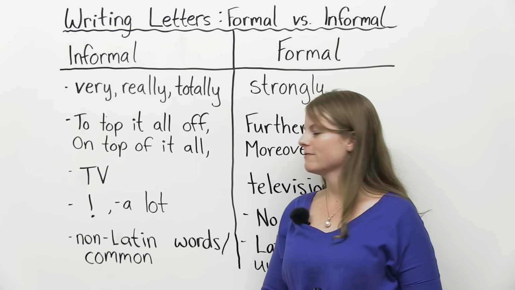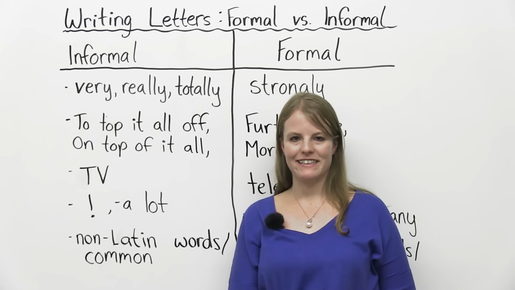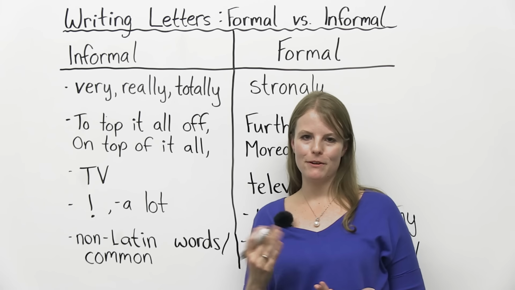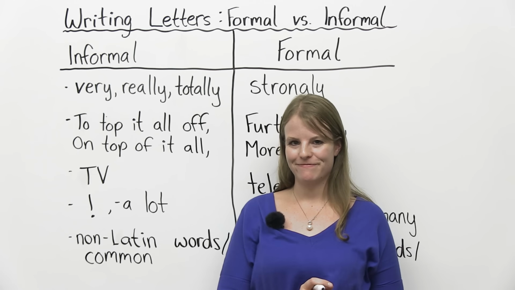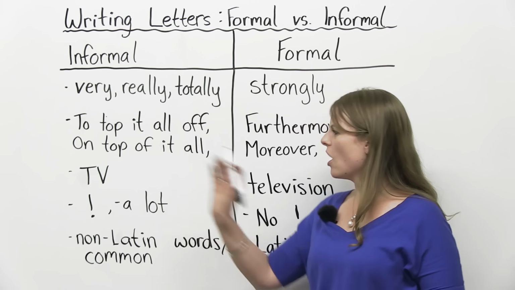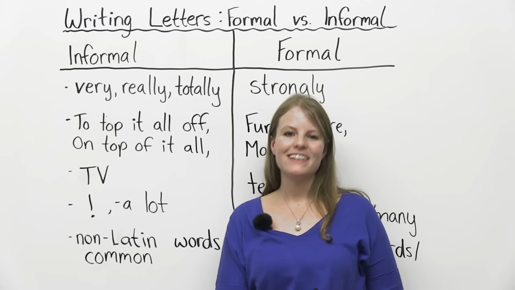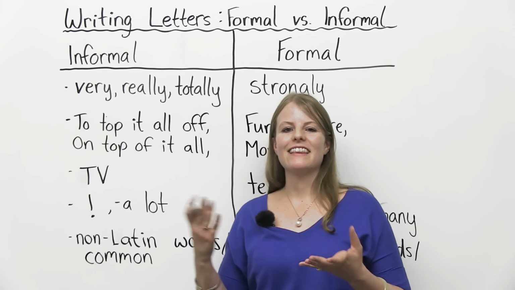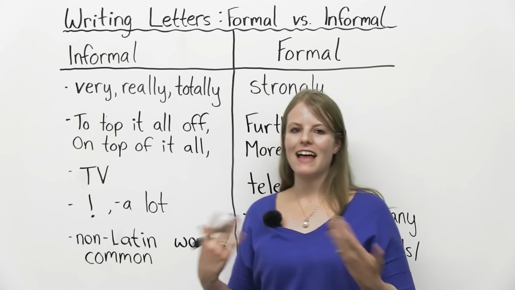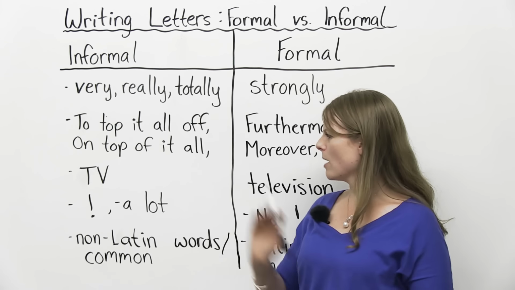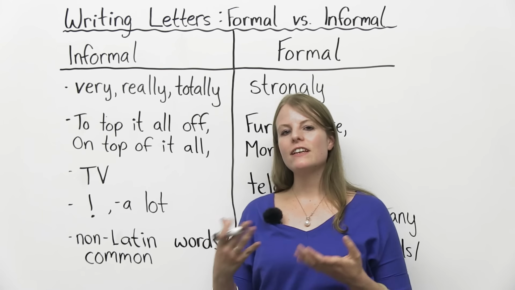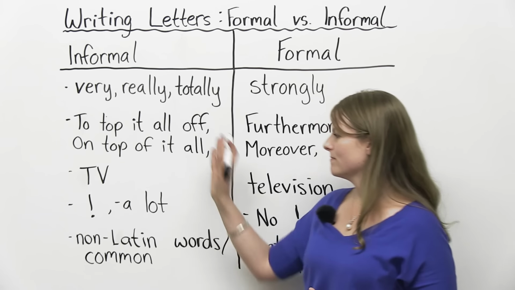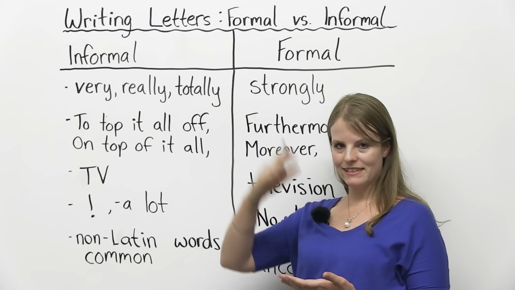To top it all off, there was a fly in my salad. To top it all off, the actor in the movie was horrible. On top of it all, these sort of mean the last thing you say, the last word on something. On top of it all, she was very rude to me. So these are informal expressions to connect ideas.